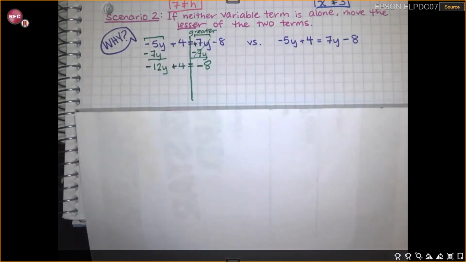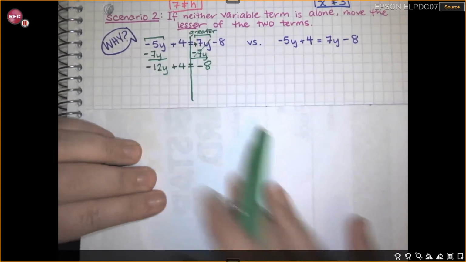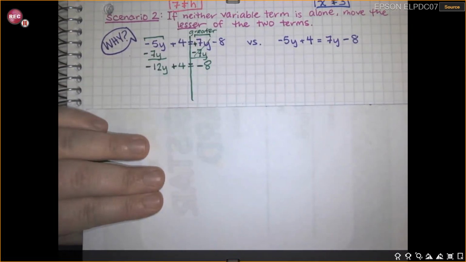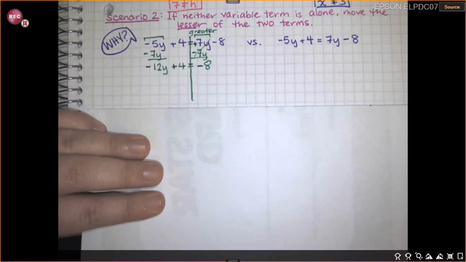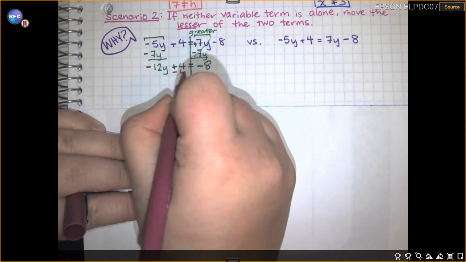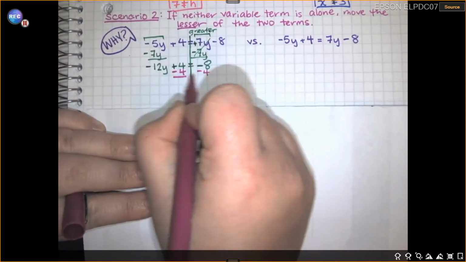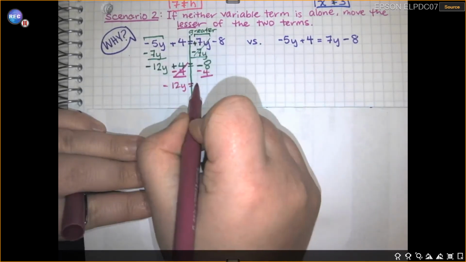Okay? So what did I just do? I moved the greater of the two. Now I need to solve for y. So I'm going to move the part that doesn't have the y, which is the 4, plus 4, do minus 4. That's gone. I have negative 12y equals negative 12.